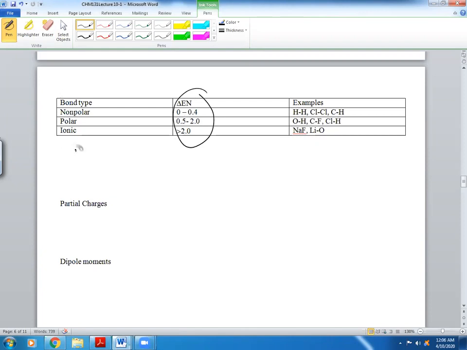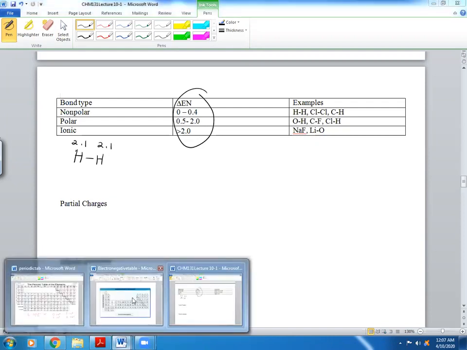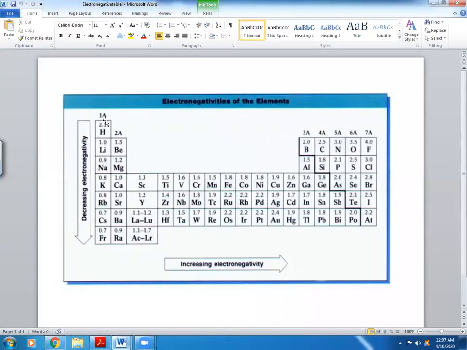If I have something like H and an H, you know that's going to be a nonpolar bond. Why? Go look up the electronegativities. You get a 2.1 and a 2.1. So have it handy on you, please.